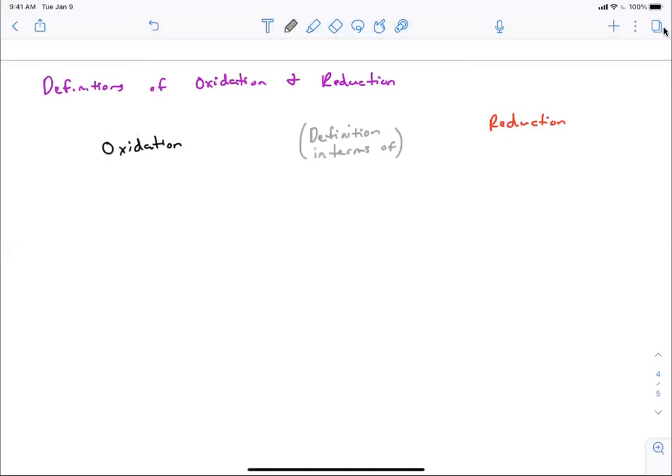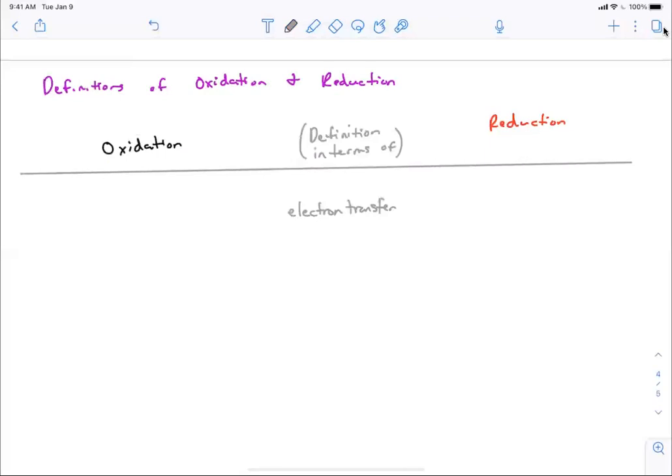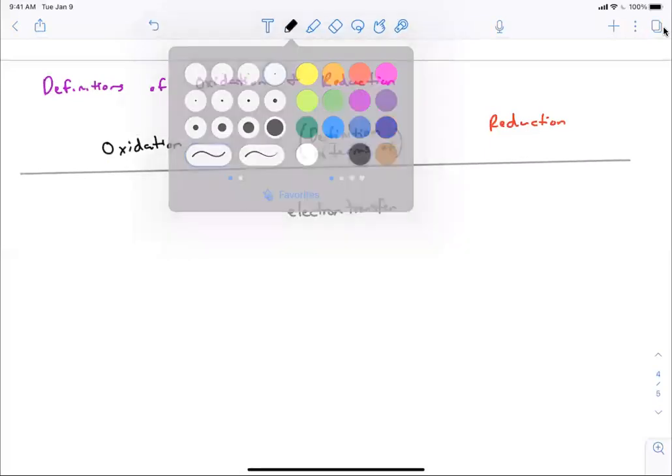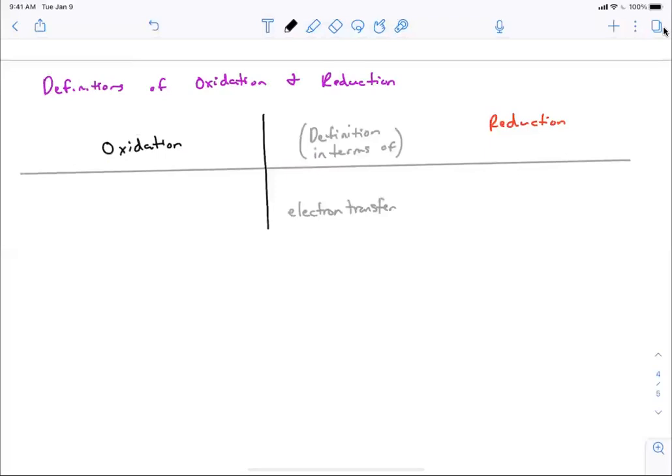Okay, so the IB likes to ask their questions and they'll say, explain in terms of why this is an oxidation or reduction reaction. And so that blank after "in terms of" tells you which definition you should be applying, because if they say electron transfer, then what they're talking about is loss and gain of electrons.